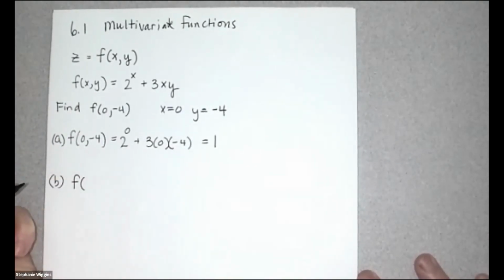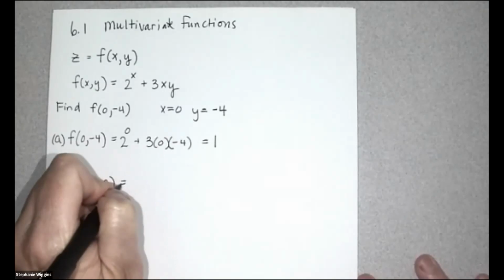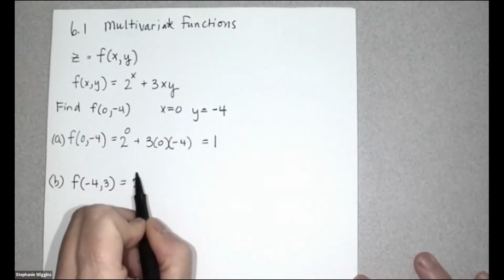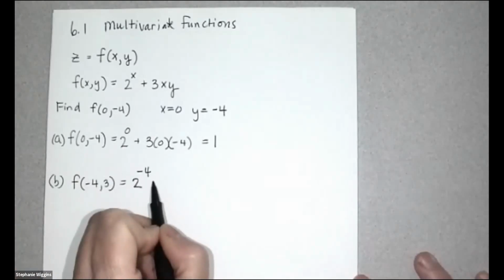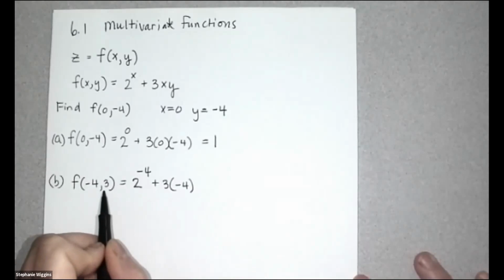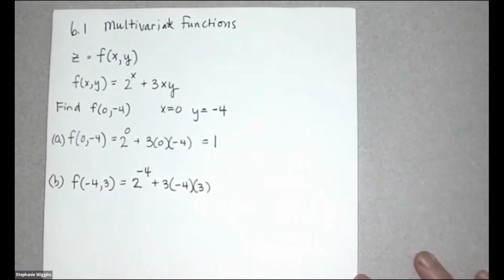If we evaluate it at the ordered pair -4, 3, now x is -4, so this is going to be 2 to the -4 plus 3 times -4, and then y is 3, and I'm multiplying by y here.